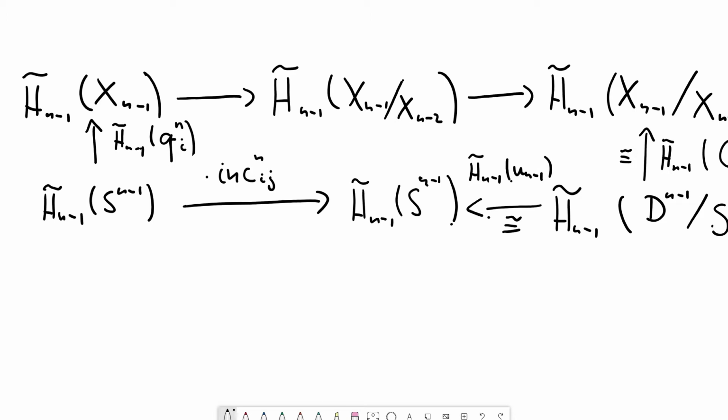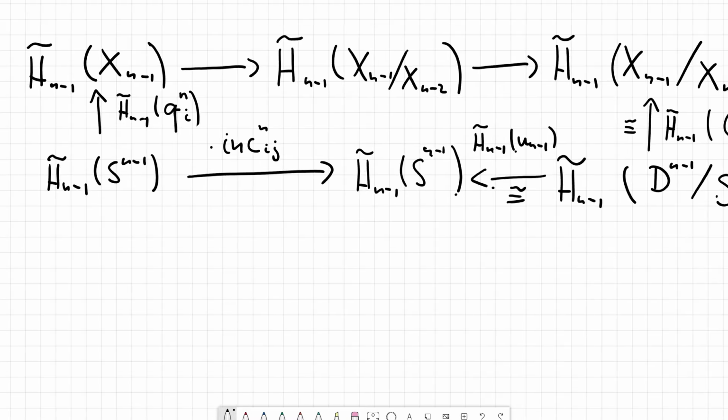Okay. So this diagram commutes just by the definition of incidence numbers. And now I want to extend this diagram so as to rediscover our original diagram of which we asserted commutativity.